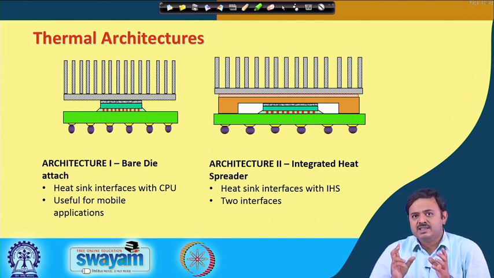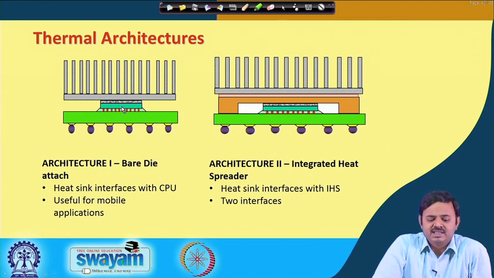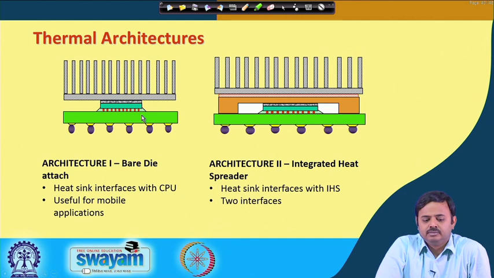So, what happens is Intel or AMD, the microprocessor company, in the case of architecture 1 sells this part, sells the silicon bonded onto the substrate. But in the case of architecture 2, it sells the silicon on the substrate with the heat spreader attached onto it.